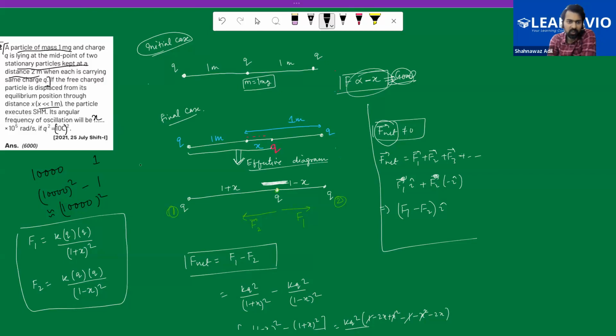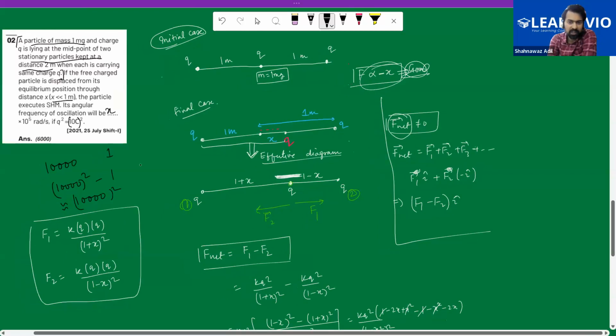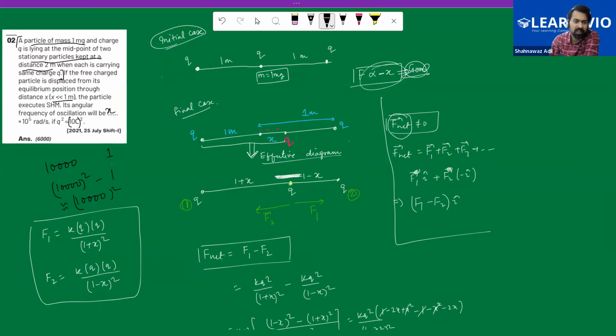Whenever you want me to scroll down the screen, please tell me. If it is 100, then it would be, if it is 10 only, then what happens? Whenever you want me to scroll down the screen, please tell.